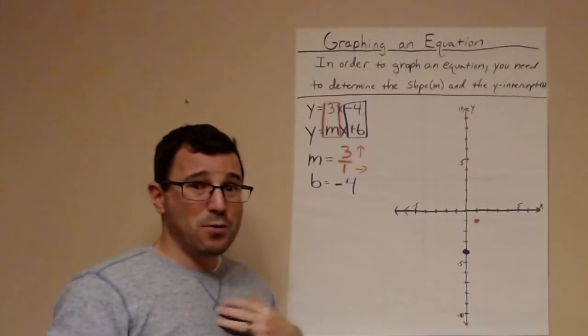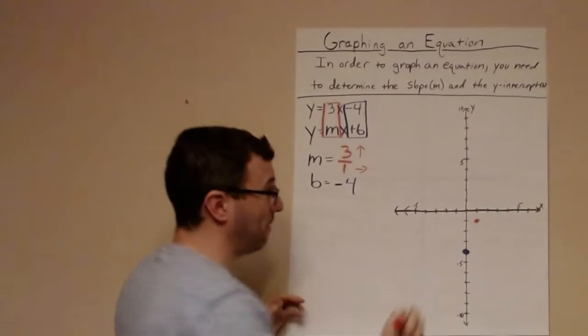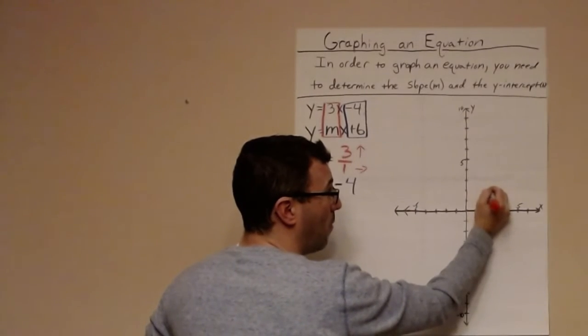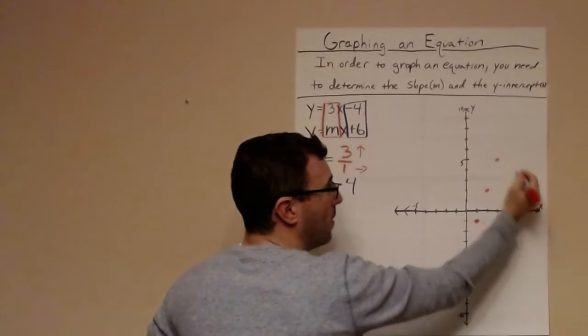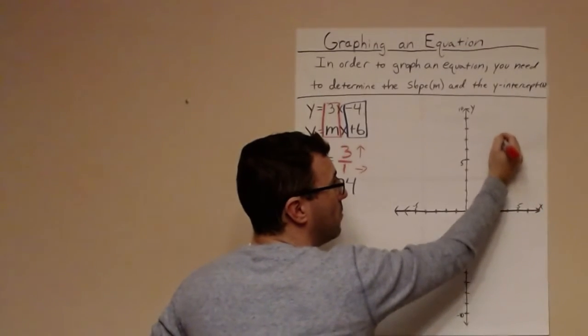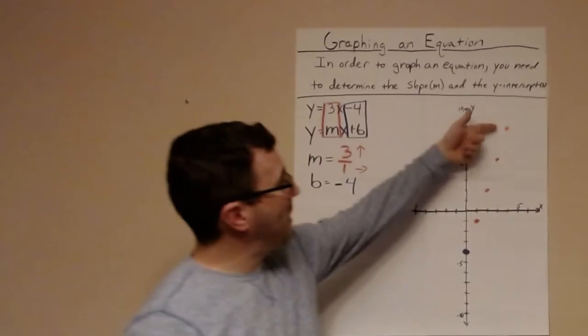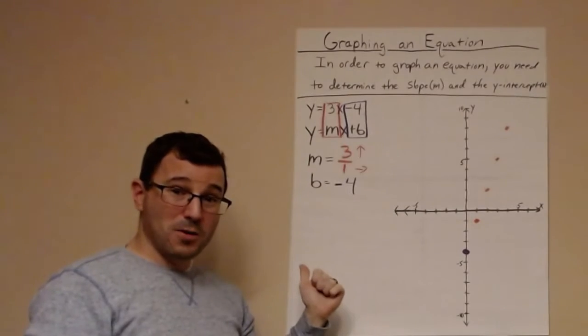I prefer to put as many points as I can to make it a little easier for myself. 1, 2, 3, 1. Again, 1, 2, 3, 1. If I try to go any higher, I'm going to go off my graph here. But I can even go in reverse.